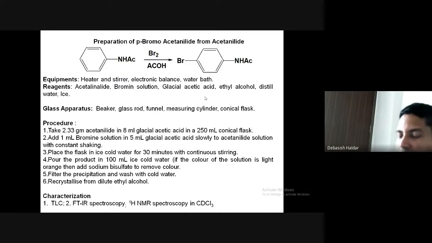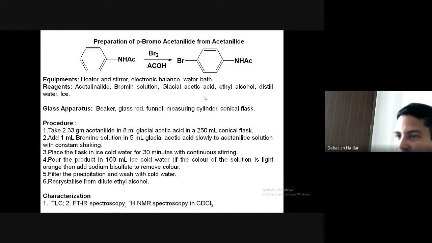After addition of the bromine, we will place it in ice cold water for 30 minutes, but we'll stir it constantly. Once you place it in ice cold water, you will see that the glacial acetic acid solidifies and it gets very messy to stir, but we have to stir it continuously.